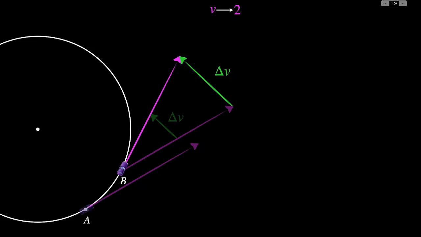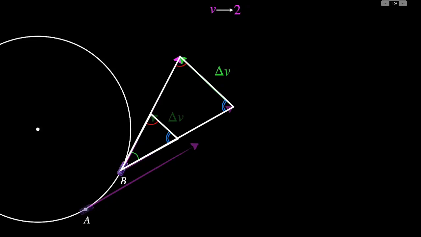Can we compare the new delta V with the previous delta V? Sure, we can just look at the two triangles. If you look at this small triangle, we find that all its angles are exactly equal to the corresponding angles of the big triangle. Which means these two triangles are similar triangles. Their sides must be in the same proportion.